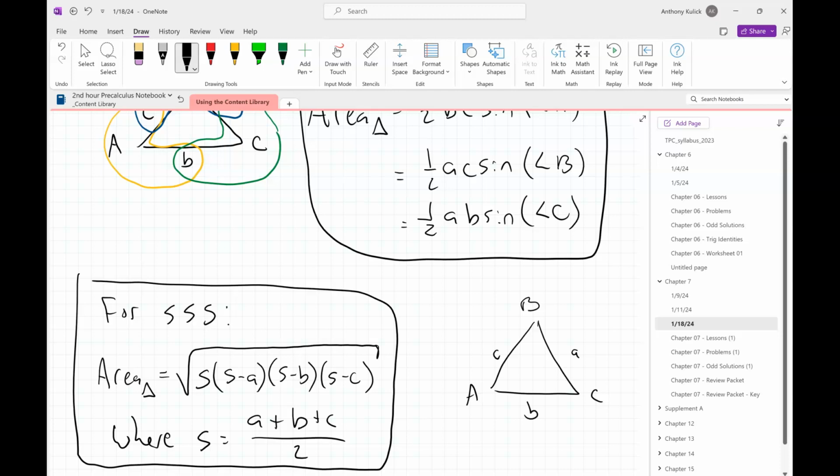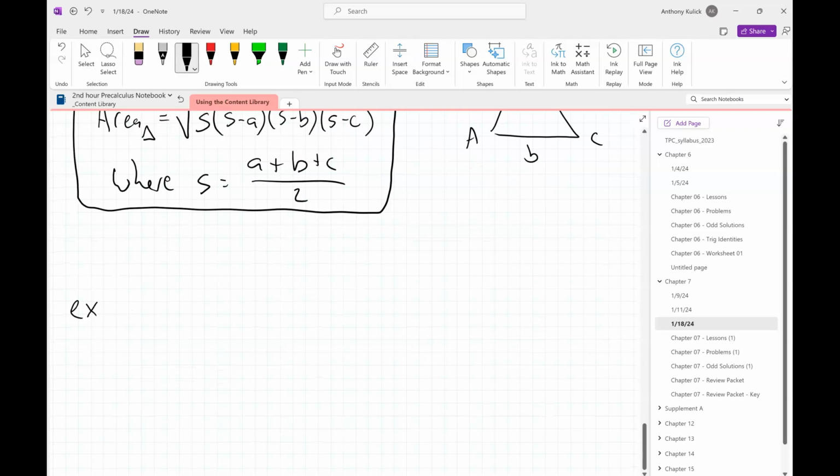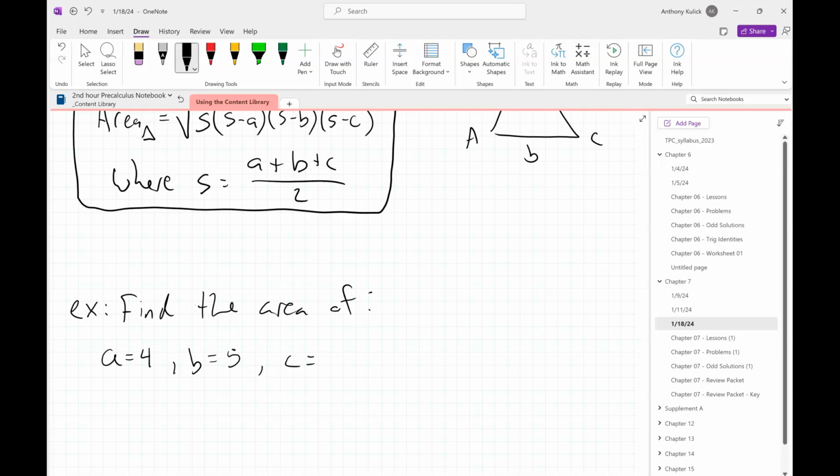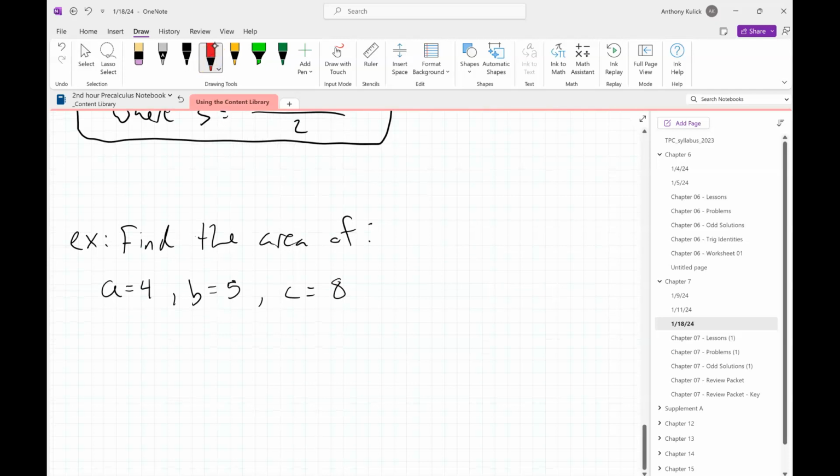All right, let's do a couple of examples here. Let's say we have a triangle with side lengths 4, 5, and 8.